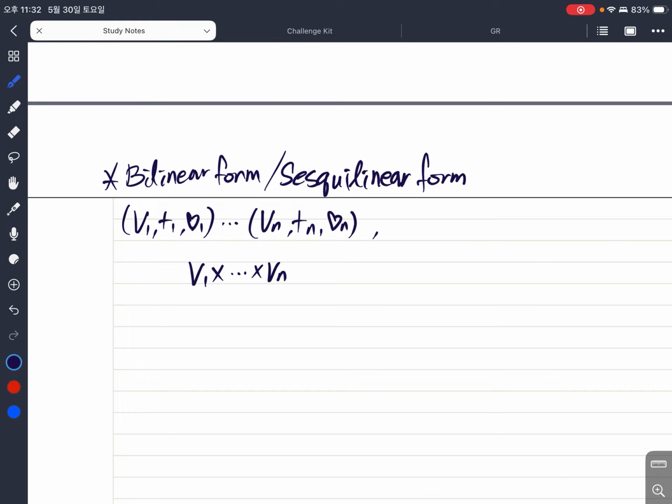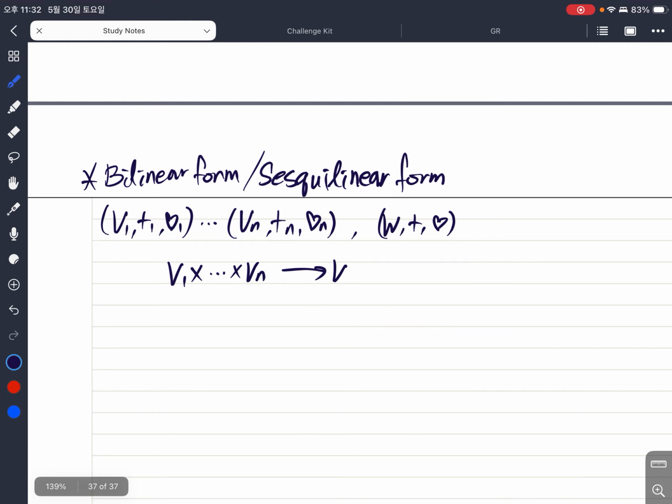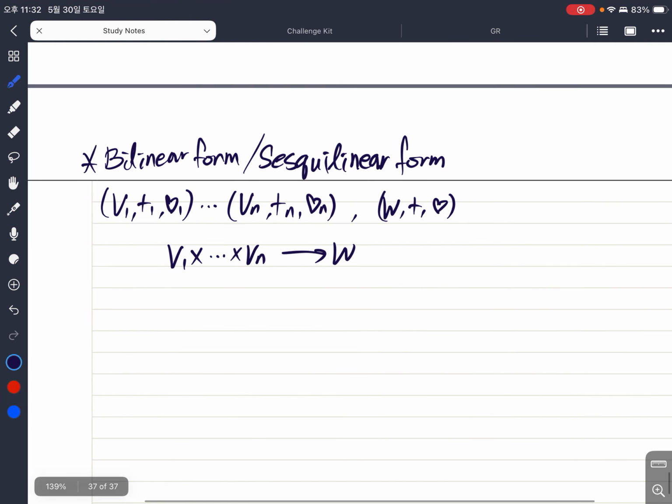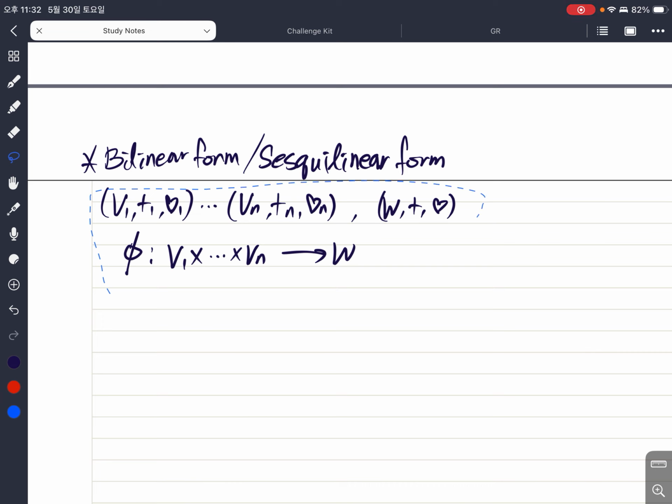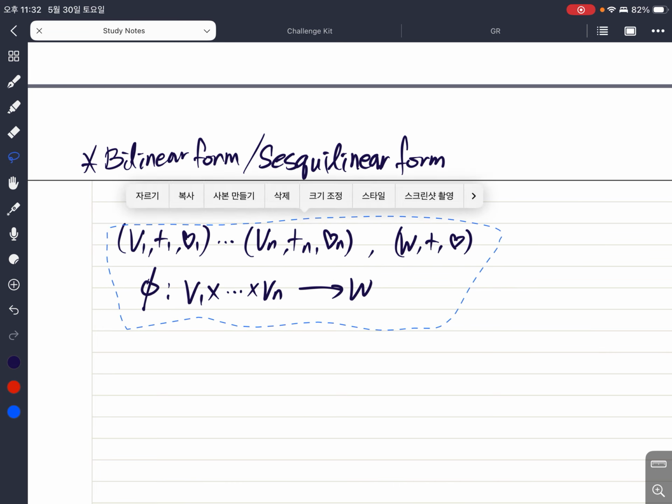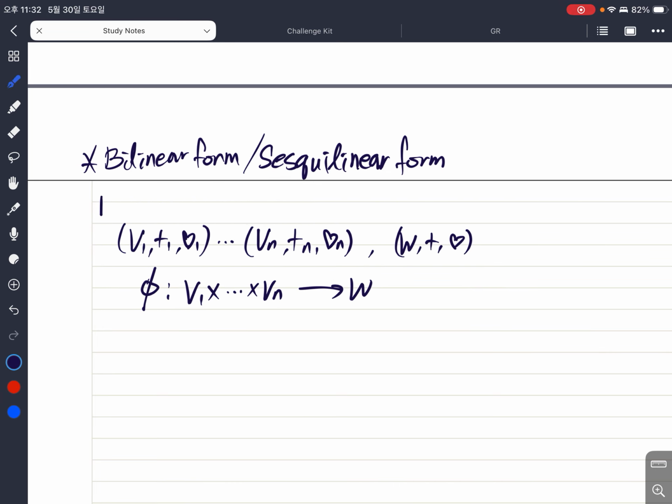And then we also have some W plus heart, which is the target, so W. We can define this map, and what we want is for this to be a map called multilinear. So I want to define a multilinear map.